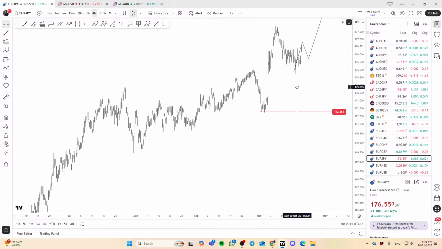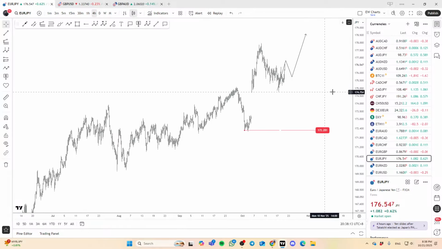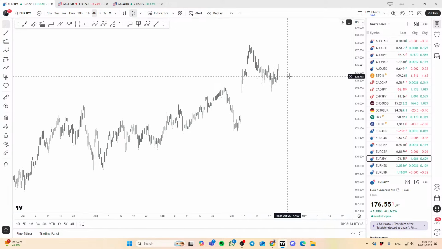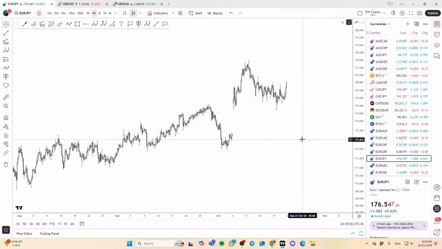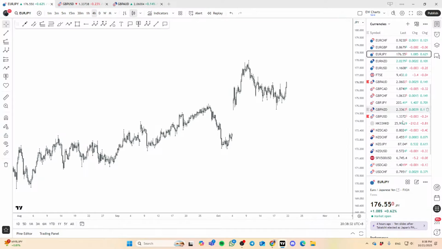Structurally, Euro Yen may not be the cleanest compared to Dollar Yen as well as Pound Yen. I think those two are a little bit cleaner structure wise. But overall direction is generally going to be the same. So when we cover the other yen pairs, Euro Yen is likely just going to be the similar direction.